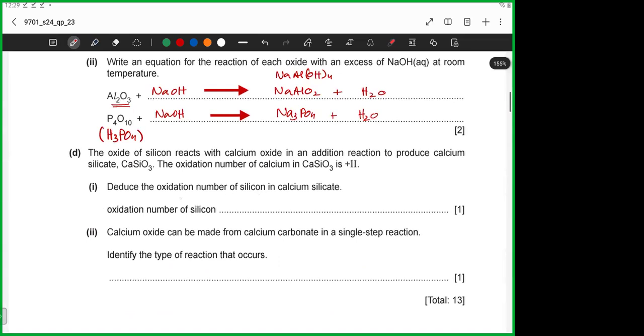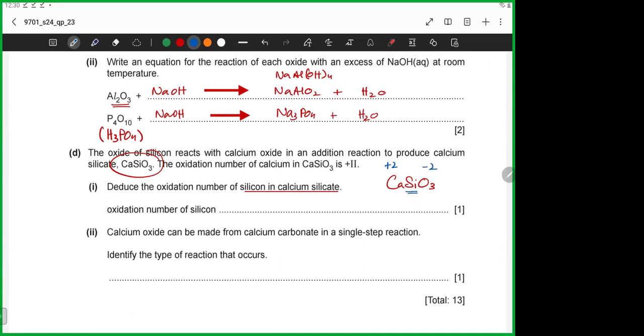Calculate the oxidation number of silicon in calcium silicate. So Ca is group 2, right? It's plus 2. Oxygen is minus 2.